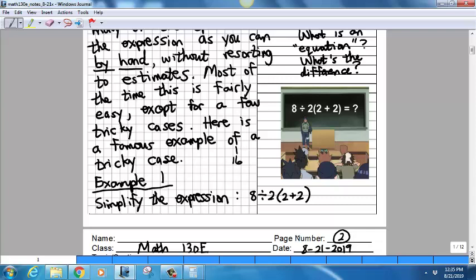So for those people that were saying, I don't know, I have 2 possibilities here, what seems to be the question? What led to that confusion about the answer? Yeah, there's the problem. After you do what's inside the parentheses, do you start left to right, or do you just multiply the 2 by the 4?